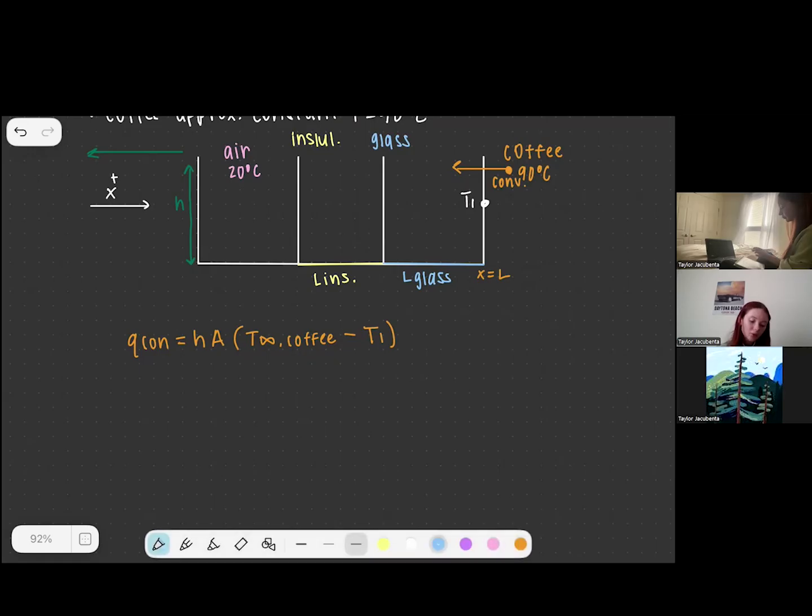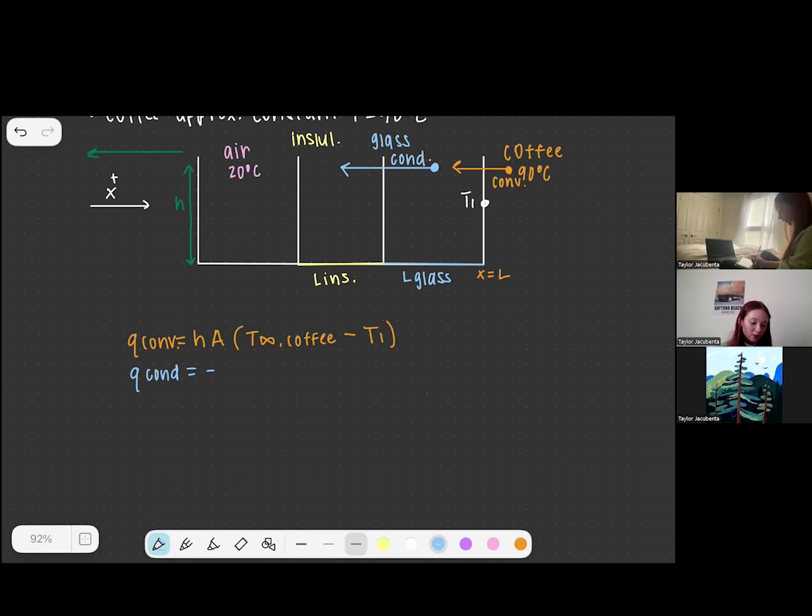Temperature 1. So next we're going to have the heat transferring from our glass to our insulator. And since these are touching, it is going to be by conduction. Next, we're going to have the Q of conduction of our glass is equal to the negative, because we established which direction our positive X is, and then the heat is traveling in the opposite.